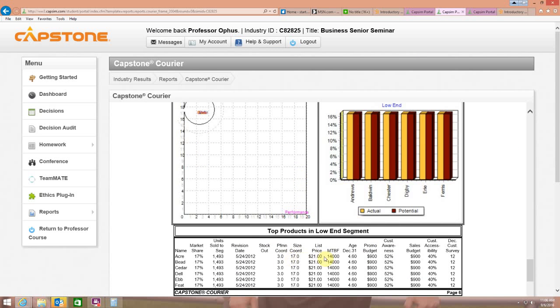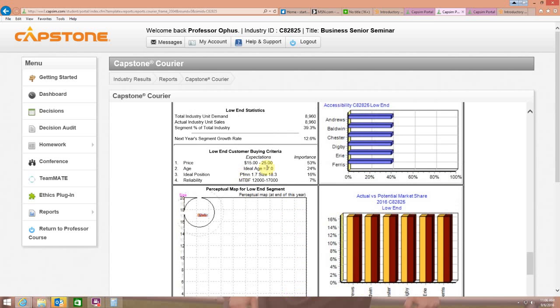My MTBF is 14,000. Well, how's that fit in here? The price here is a high of 25 to a low of 15, so there's a difference of 10, and I need to divide that into thirds. So it'd be $3.33. I probably should set this up, maybe even use a spreadsheet.